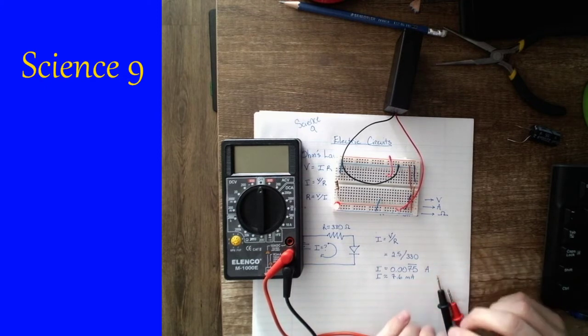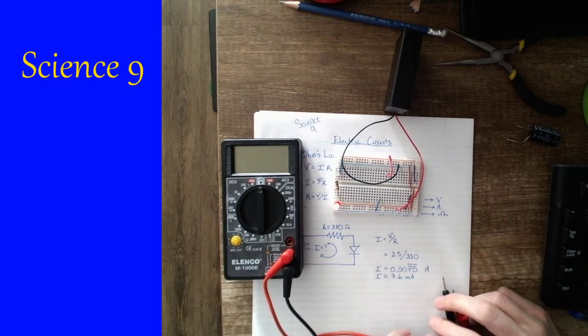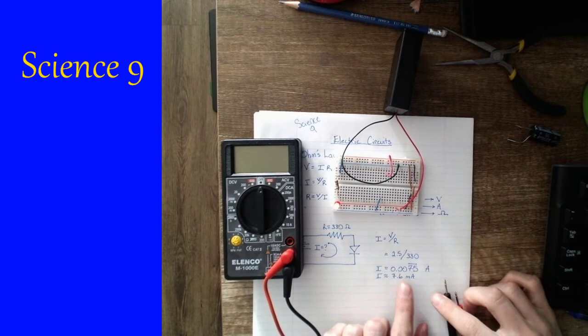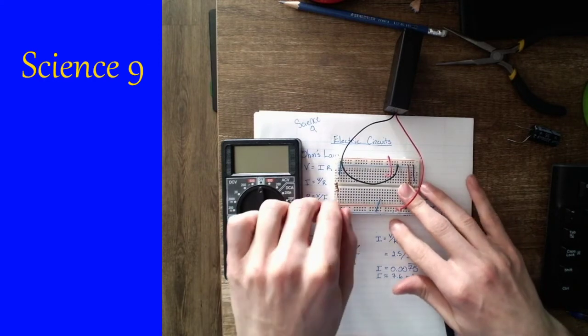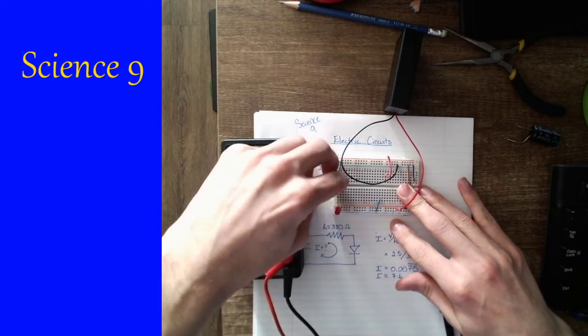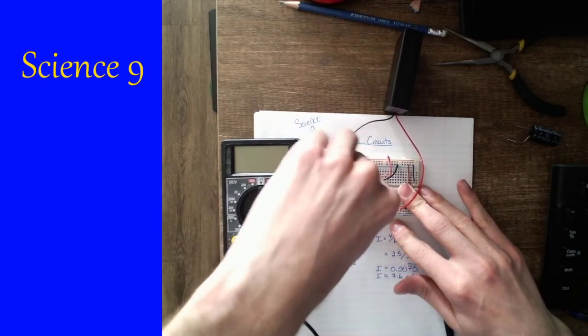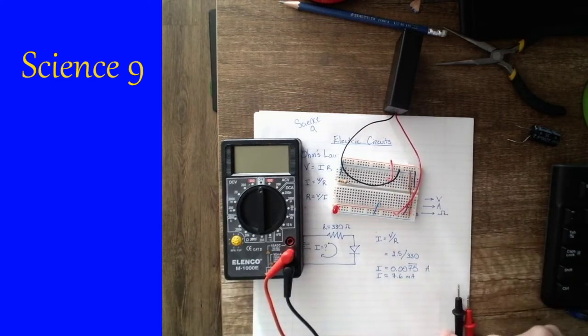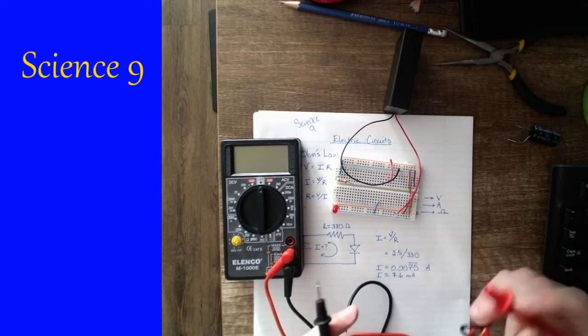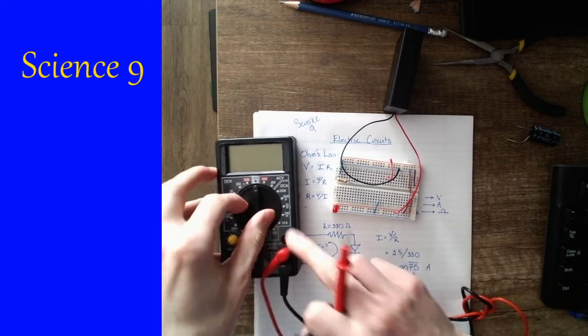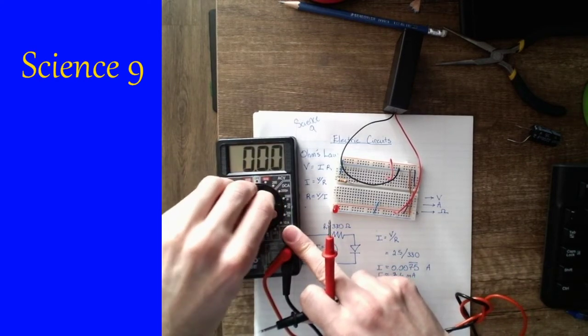I can measure a few things in this circuit, but I want to measure the current that I just calculated. In order to do that, I actually have to disconnect the circuit and then reconnect it by making the electricity pass through the multimeter.